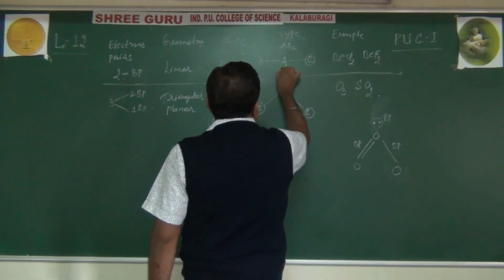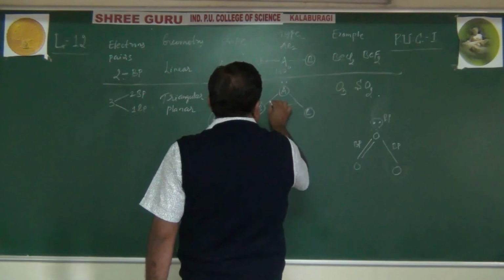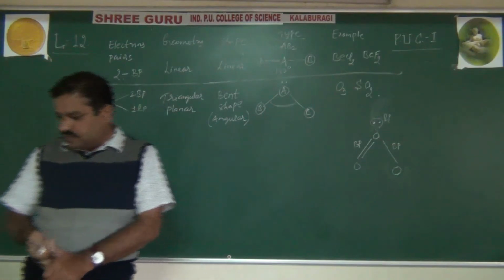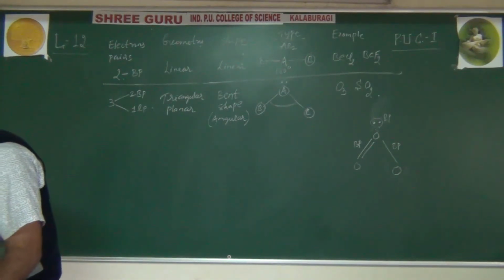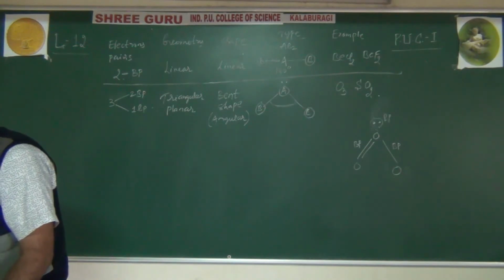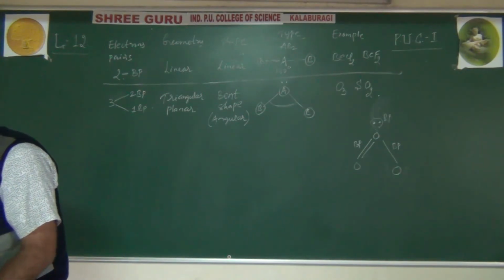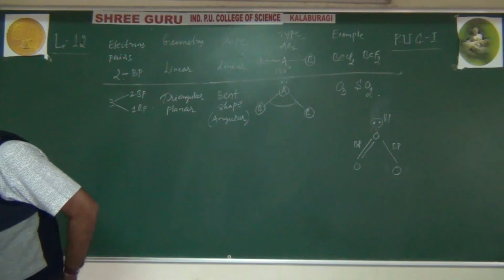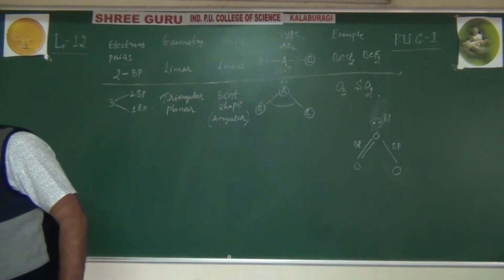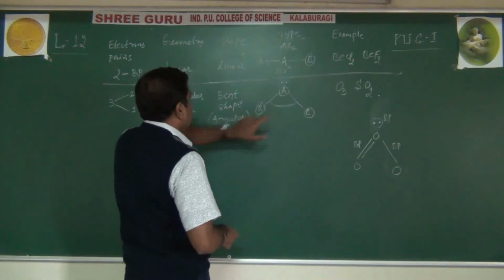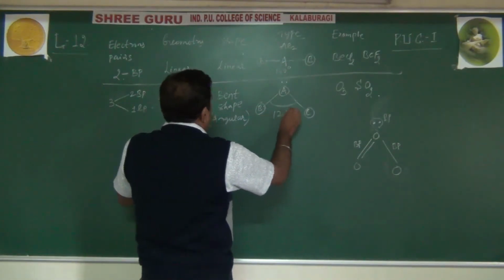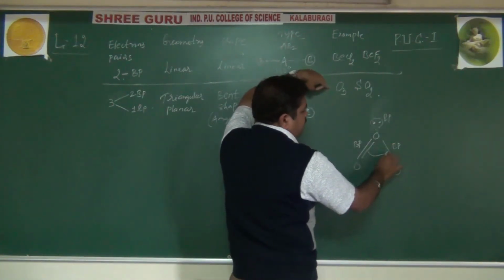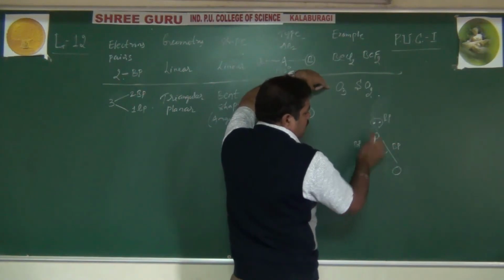Here the bond angle should be 120, because triangular planar. But here, so it is a bent V shaped structure, due to one lone pair the bond angle for ozone reduces.